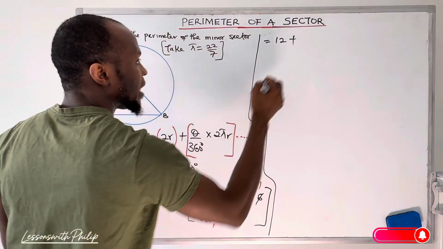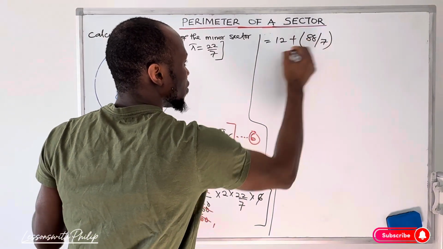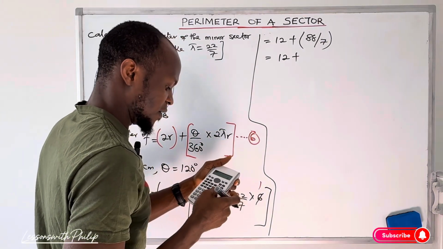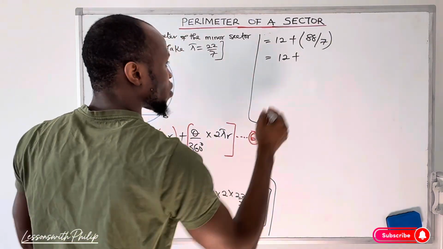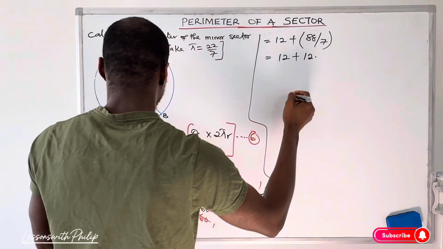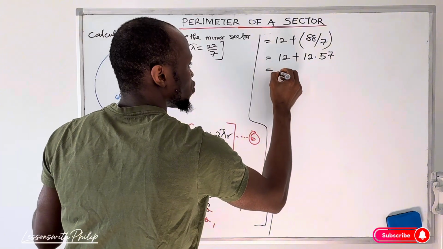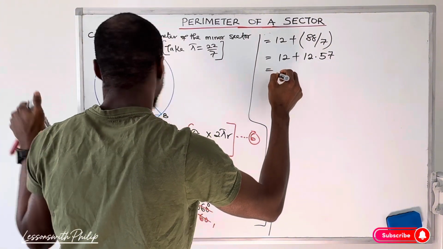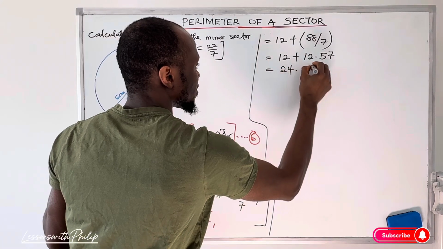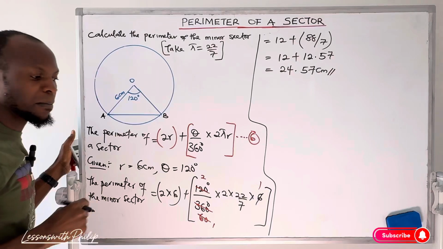So we have 88 divided by 7, and that will equal 12.57. So 12 plus 12.57 will be 24.57 centimeters. This is the perimeter of the minor sector.